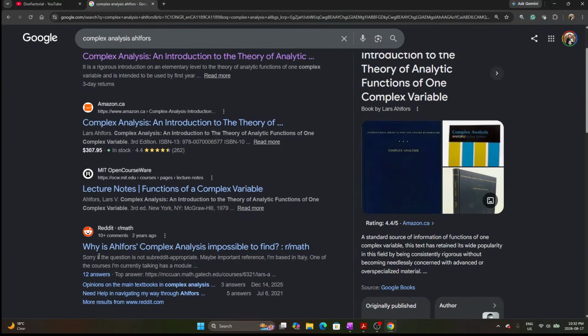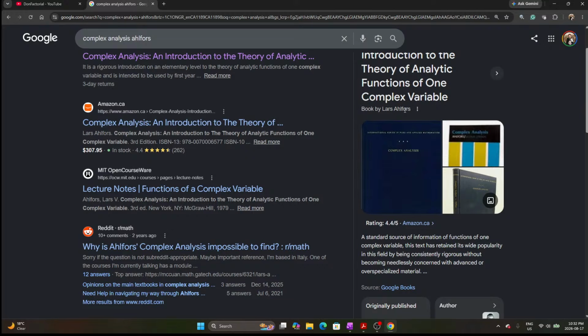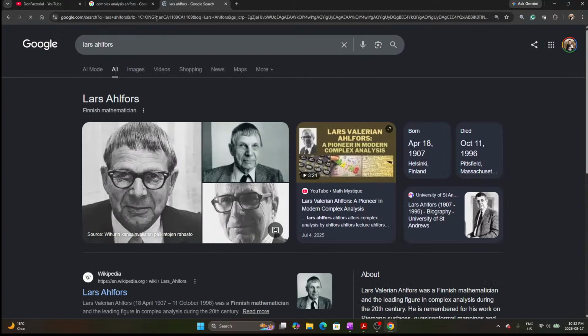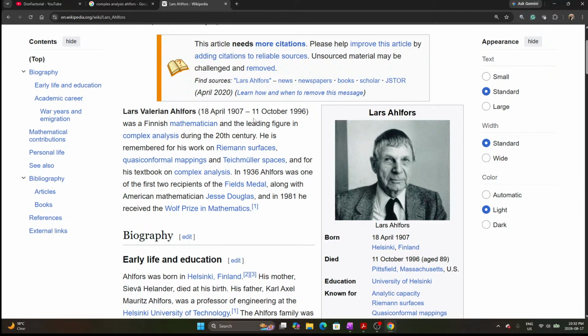So people say, why is Ahlfors's complex analysis impossible to find? It's somehow out of print, but this is an extremely famous textbook. Ahlfors himself is a Fields medalist. I think he is one of the first Fields medalists, Lars Ahlfors, a Finnish mathematician who worked at Harvard. He made a monumental contribution to complex variables, and in particular Riemann surfaces.